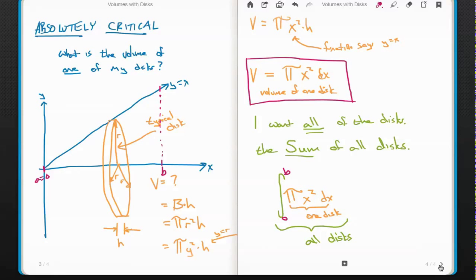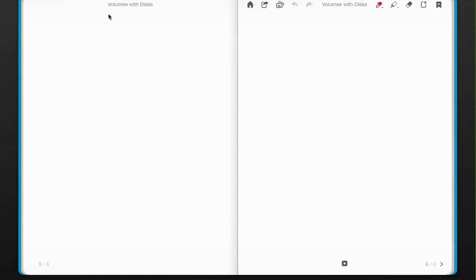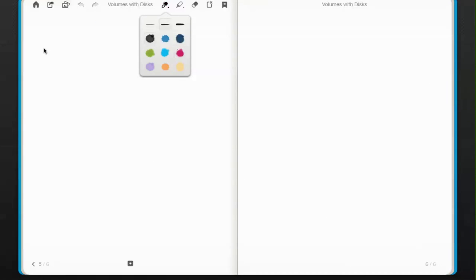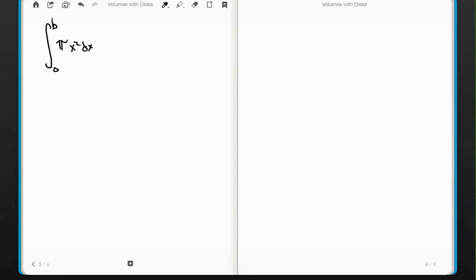Okay. On the next page, let's investigate this. So we're going to go from 0 to b of pi x squared dx. All right, so next page. I'm going to do the integral from 0 to b of pi x squared dx.